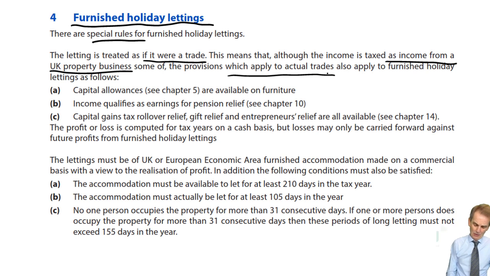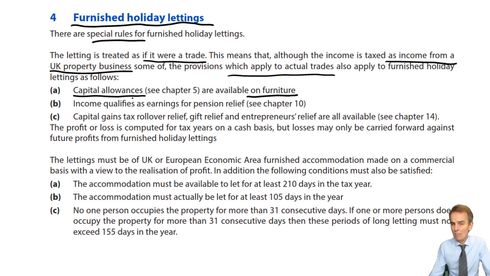But what we've also got here is that in relation to furniture and furnishings, where we had normal furnished lettings, of course, we had that replacement furniture relief. But now we don't have that. What we have here is capital allowances. Now, capital allowances, we have a very big and really important chapter, chapter 5, coming up after we've been introduced to trades and trading income in chapter 4.